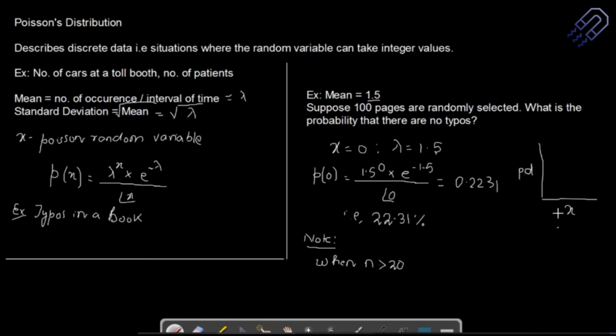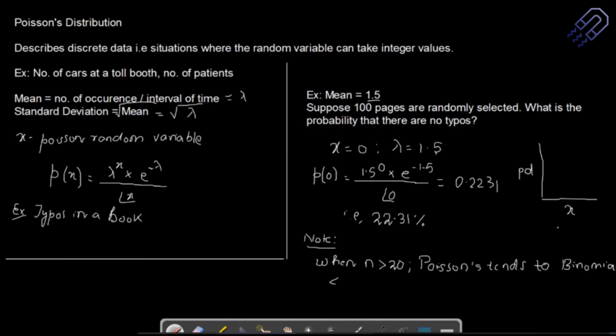What happens is, if this n is very large, meaning the number of observations we are talking about is very large, the behavior of this particular distribution, the graph or the similarity, this Poisson will tend towards the binomial distribution. So for n greater than 20, Poisson will tend to the binomial distribution.